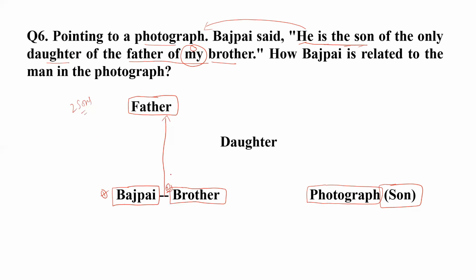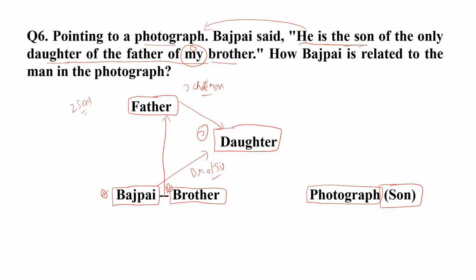Then he is talking about a daughter of the father. That means this man has a daughter as well, so we have written the name of the daughter here. That means this man has three children: the first is Bajpai, second is brother, and third is a daughter. That means this lady has the relationship of a brother and sister with Bajpai.